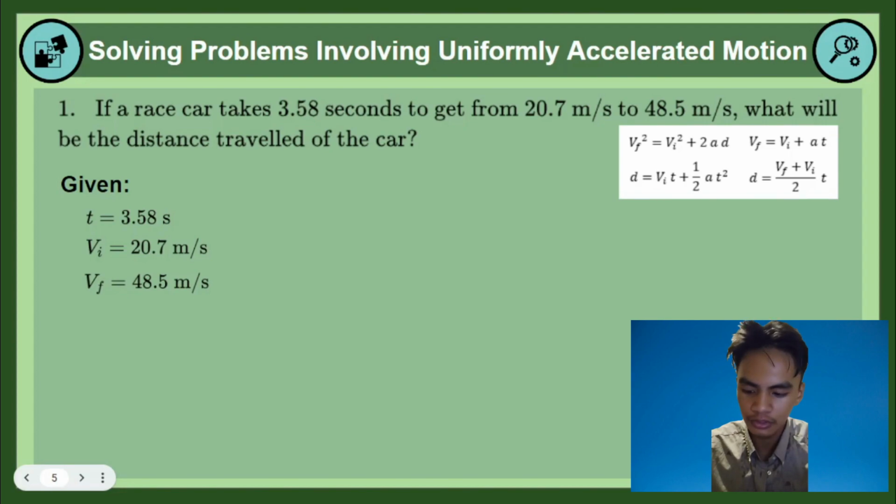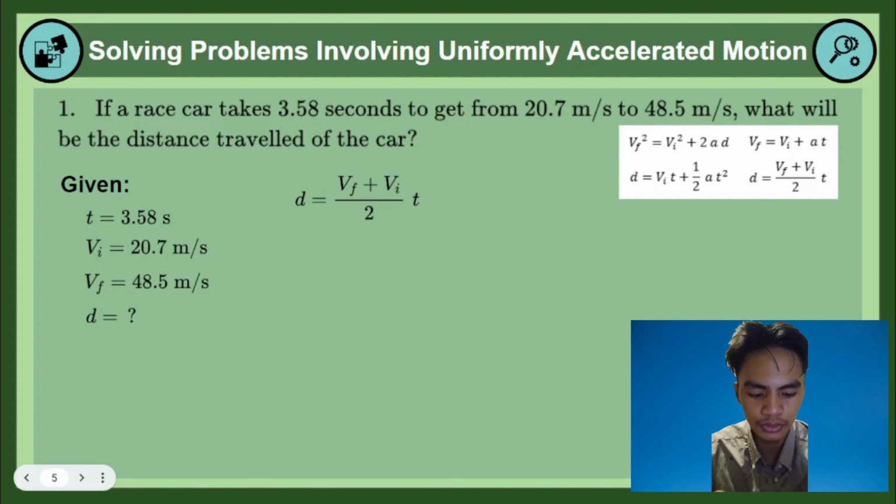Based on the given, choose the appropriate formula to be used. And since the displacement is the missing value, d equals (Vf plus Vi) over 2 times t is the appropriate formula to be used in this problem.